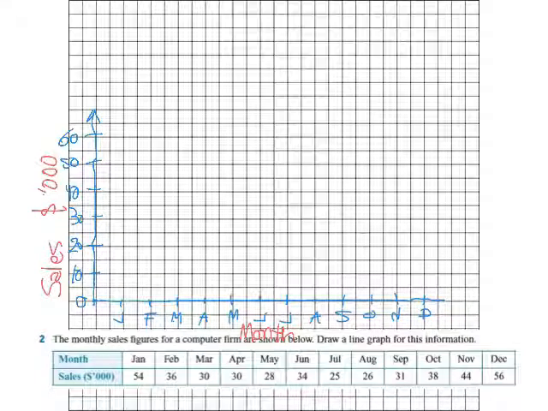Okay, now we can plot each point. So January is 54, so that's just under 55. February is 36, that's just over halfway. March is 30. April's 30, May's 28, so there.